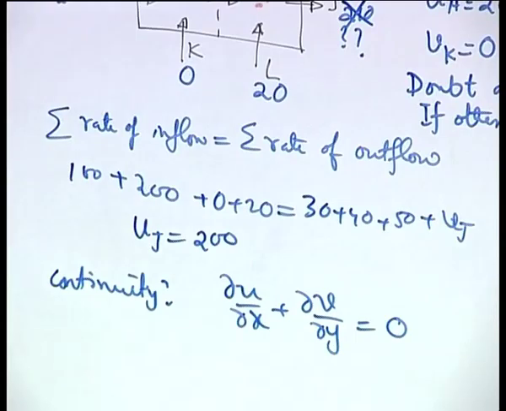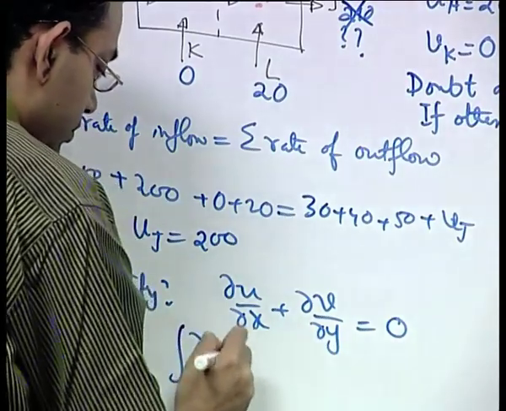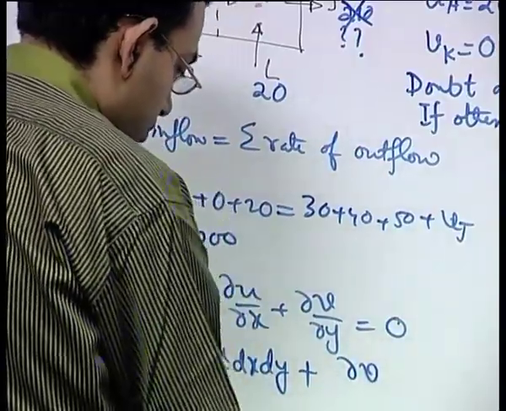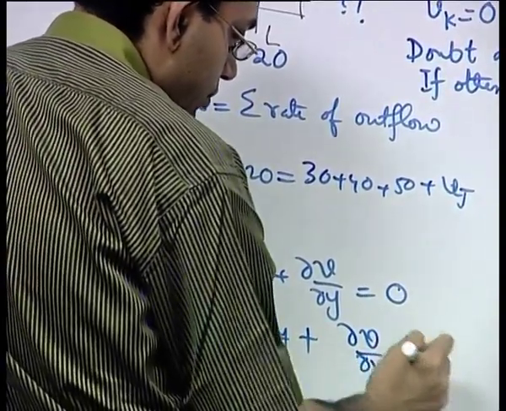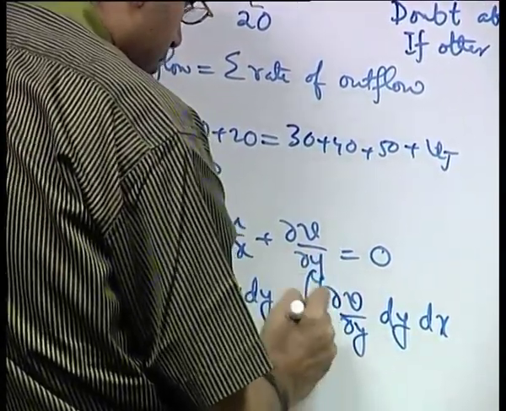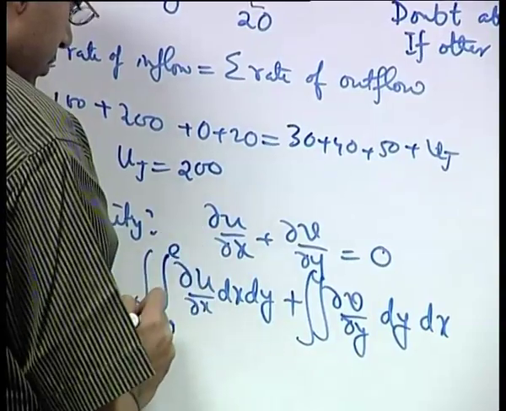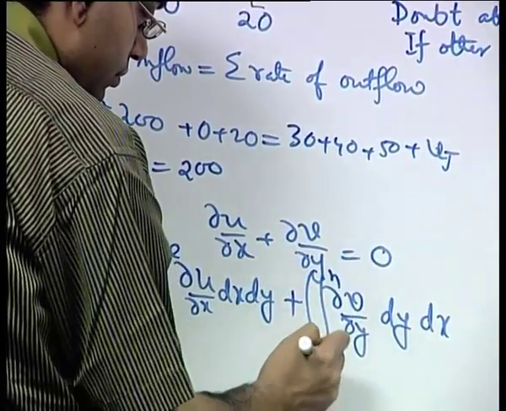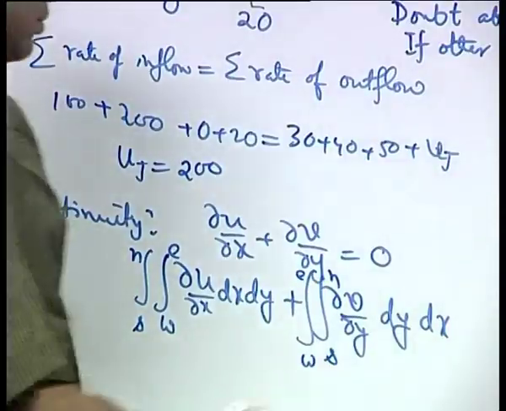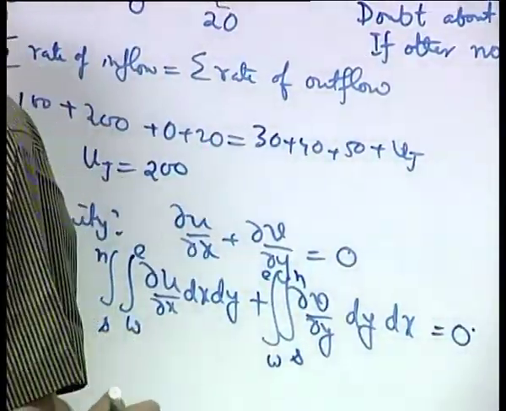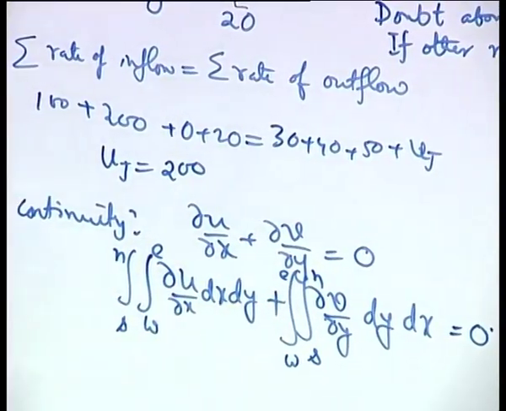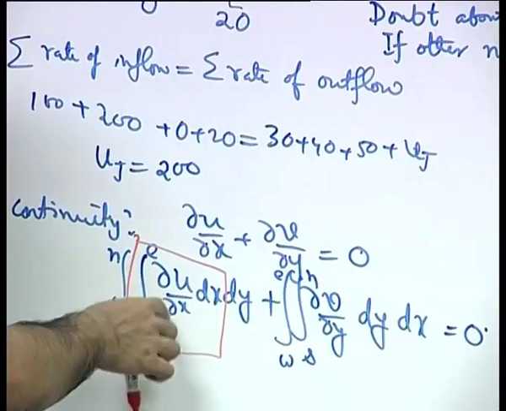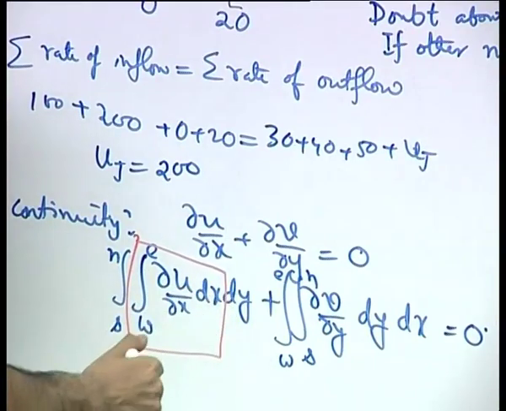So, what is the next step? Integrate with respect to x and y. Here if you integrate it by considering the first inner integral, it is ue minus uw, that times delta y.